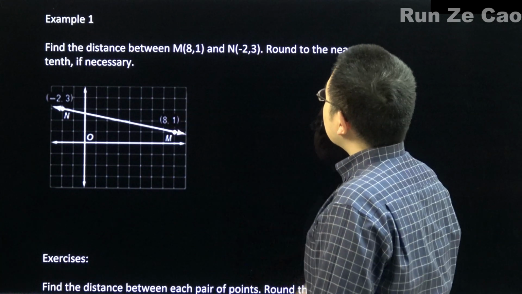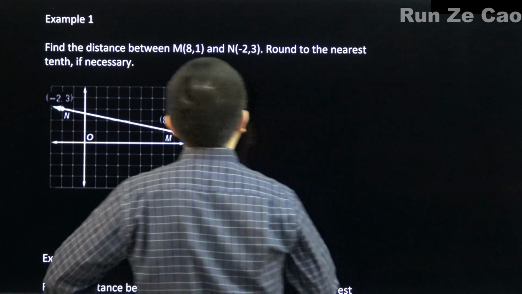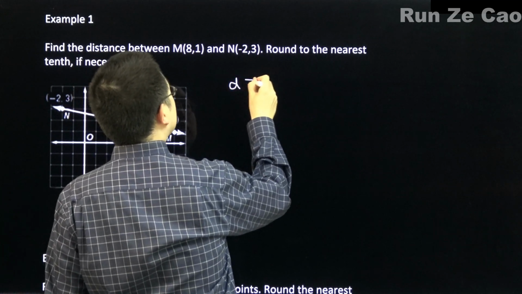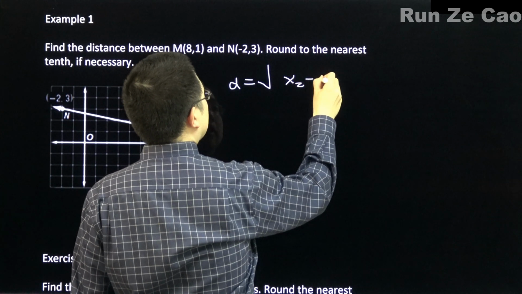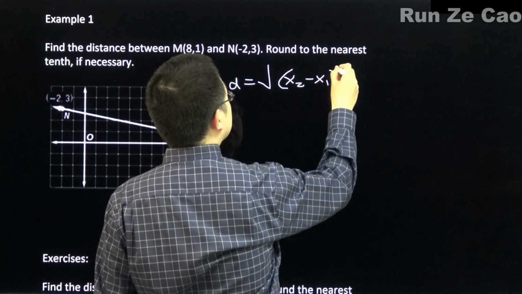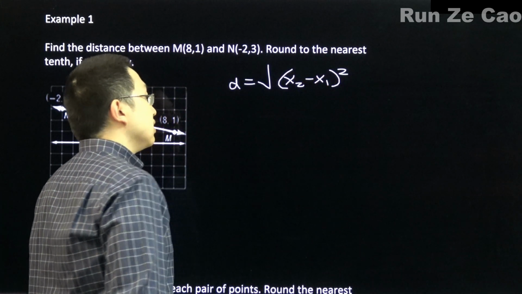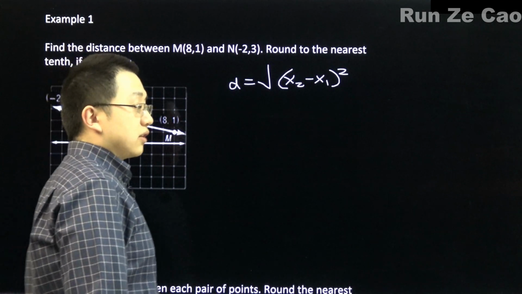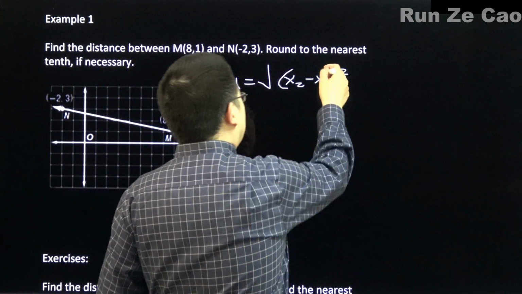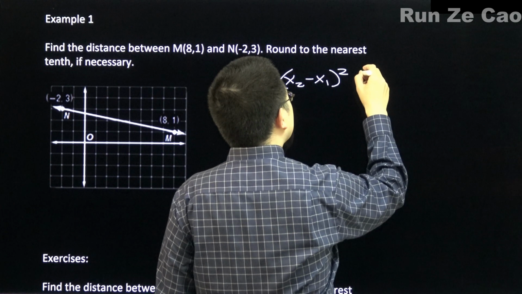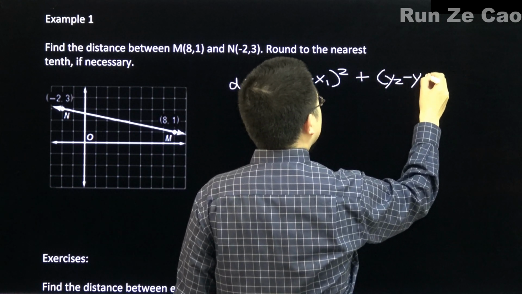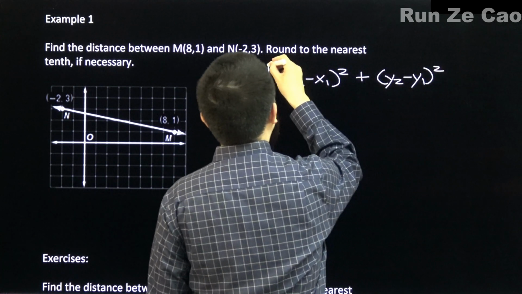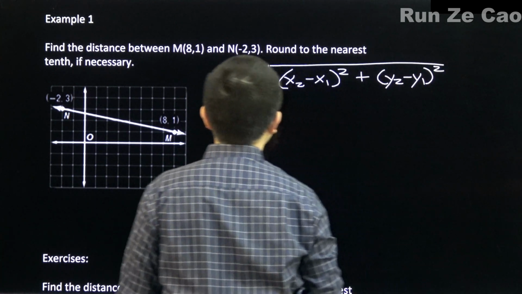Like say, the distance between these 2 points. Well, distance is equal to the square root of x2 minus x1 squared, plus y2 minus y1 squared. The order here could be x1 minus x2, it doesn't actually matter because you're squaring these. However, it's best to maintain consistency in case you have to calculate slope at some point.